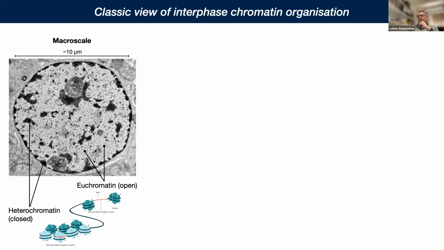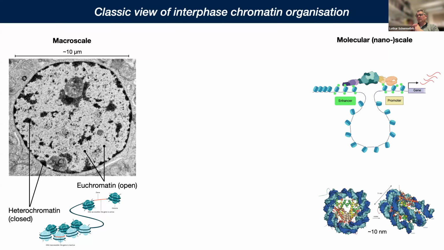Of course, when you then look on a very small molecular scale, we typically draw chromatin as beads on a string that binds to transcription factor complexes that assemble at enhancers and promoters and exert their regulatory function to promote transcription of a gene, for instance.